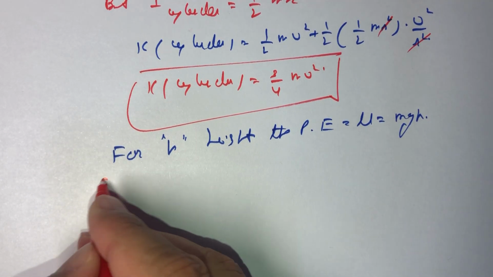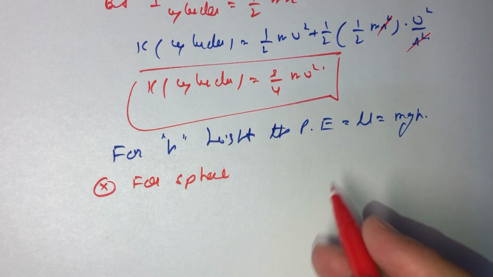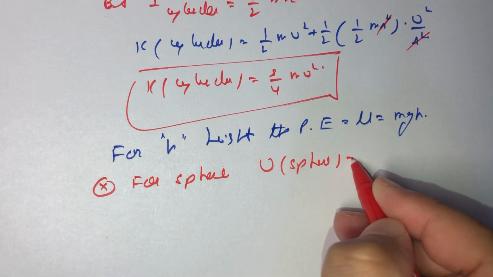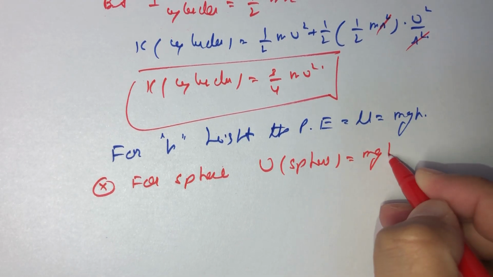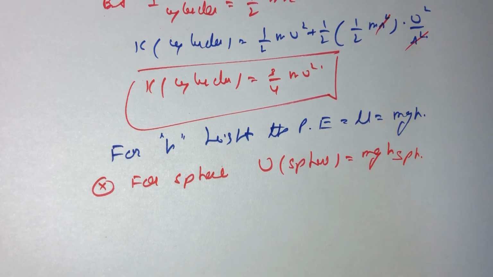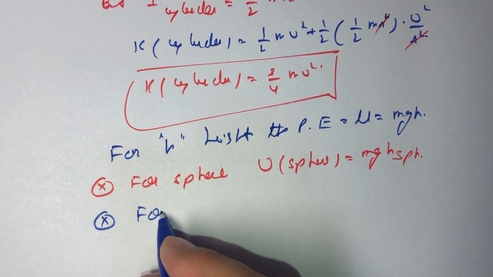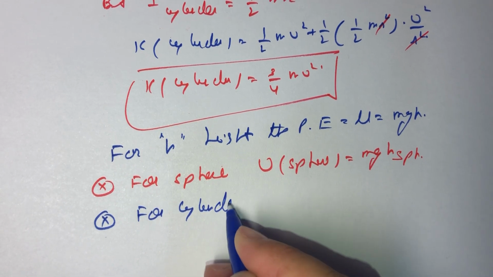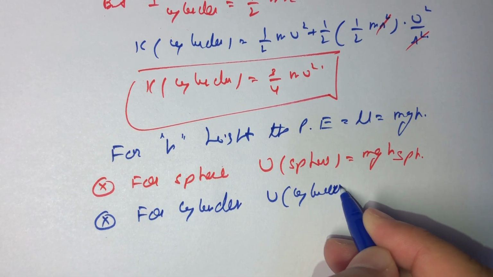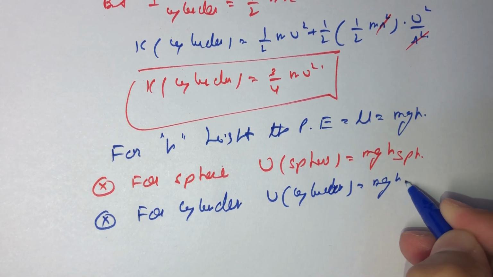Therefore, for the sphere, we have U sphere equal to mgh, where the height is h sphere. And similarly, for the cylinder, U cylinder will be equal to mgh, and this will be h cylinder.